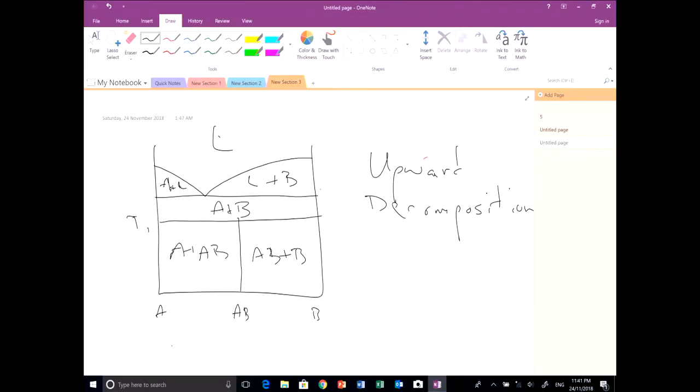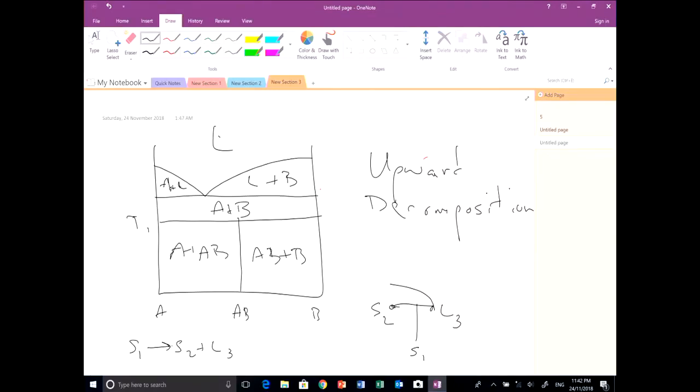Now, if you remember, a paratectic decomposition reaction upon heating was solid 1 goes to solid 2 plus liquid 3, right? That was a paratectic reaction upon heating.